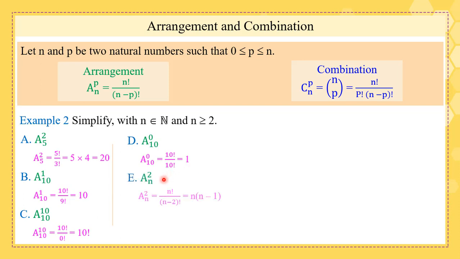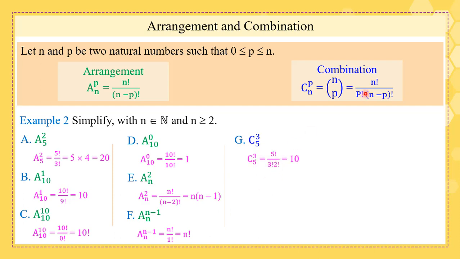And A(n,2) would be n factorial over (n minus 2) factorial, which is n times (n minus 1). And finally, A(n,n) is n factorial over 0 factorial, which is 1, and this would be n factorial. Now let's go on talking about the combinations.